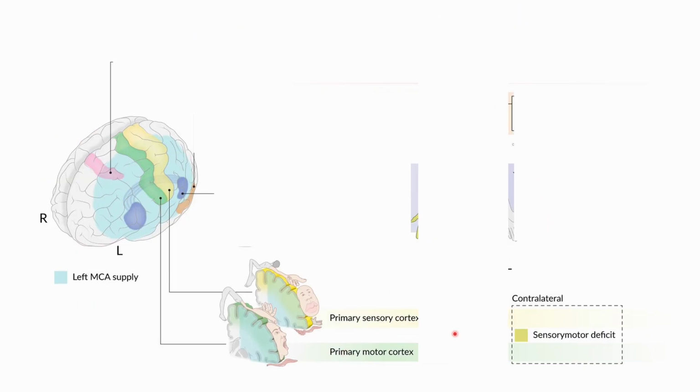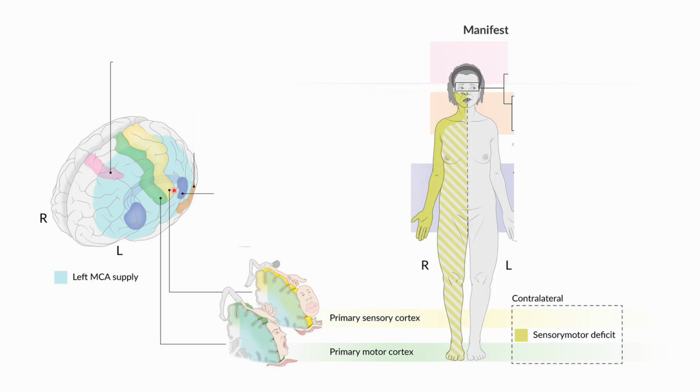We already mentioned there's gonna be a sensory deficit and a motor deficit over the distribution of the upper limb and face, accordingly, as you can see here, to the primary motor cortex, primary sensory cortex. So that's contralateral hemiplegia and contralateral hemisensory loss, with more affection of the upper limbs and face.